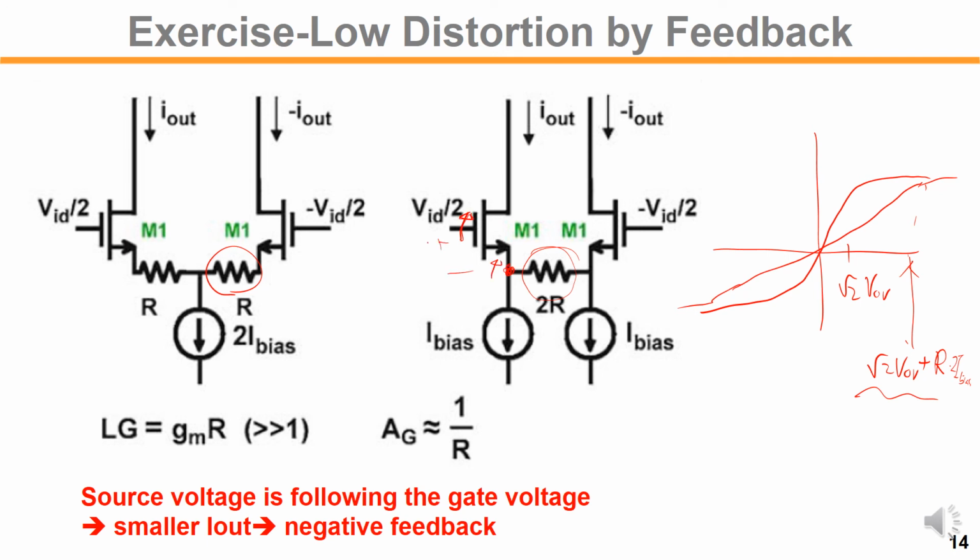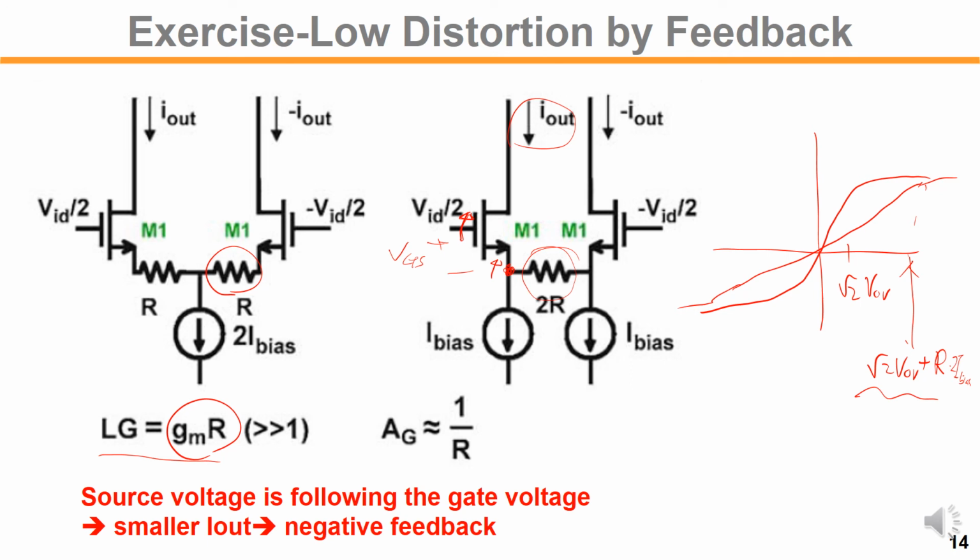So the voltage difference between gate and source is diminished, and the output response current is somehow reduced by the negative feedback. So here the loop gain is gm times R. If the loop gain is large, our degeneration becomes more effective.